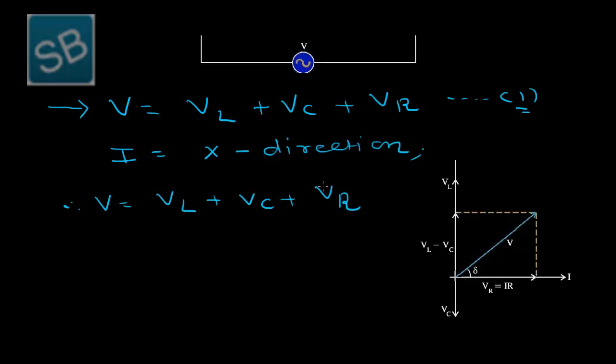Now if you want to find the value of V square, then you can write the equation directly in this form, because now the inductor and capacitor are shown in a single direction. The actual V, from the figure, I am writing this arrangement according to the Pythagoras law.